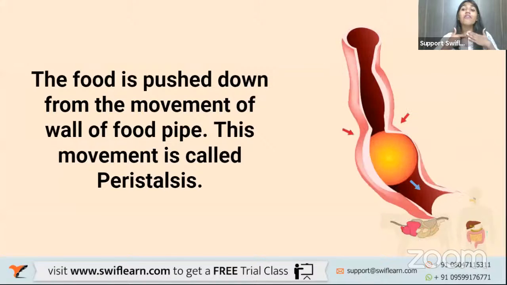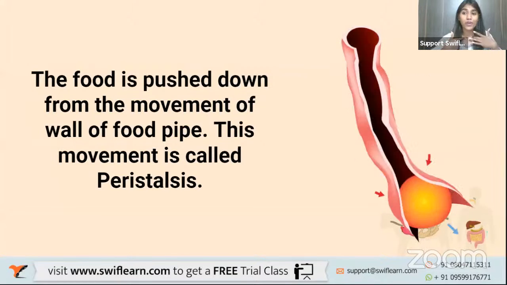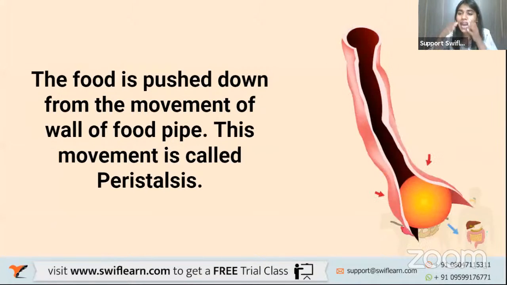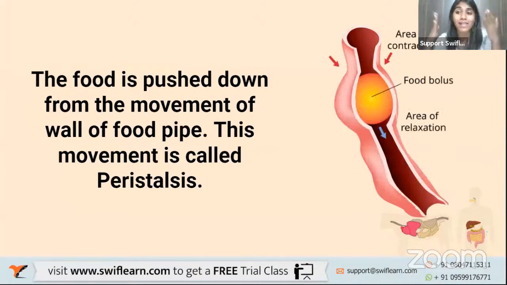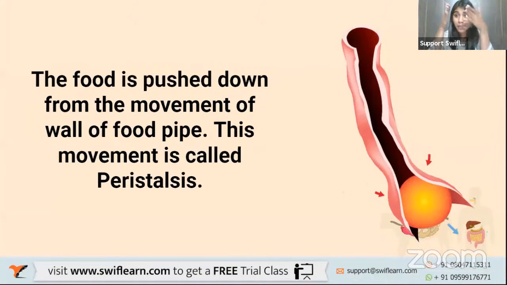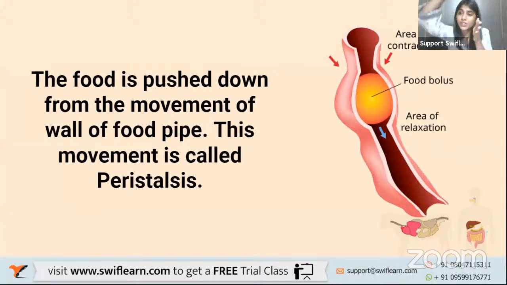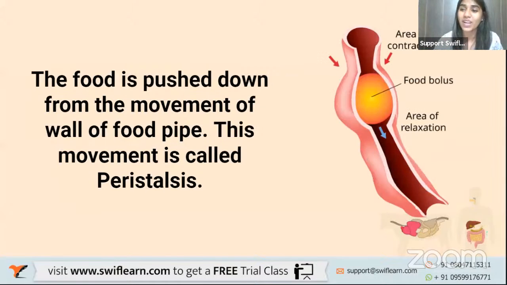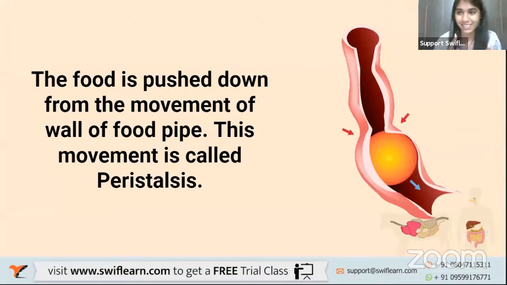You can feel a wavy movement in your esophagus. That wavy movement is because of the contraction of the muscles present in the esophagus, which push the food down into your stomach. That movement is called peristalsis.